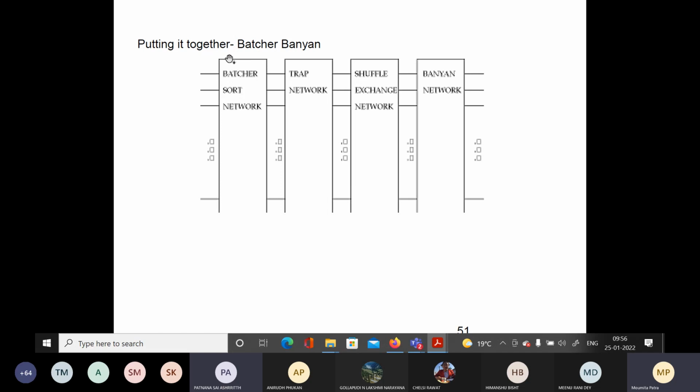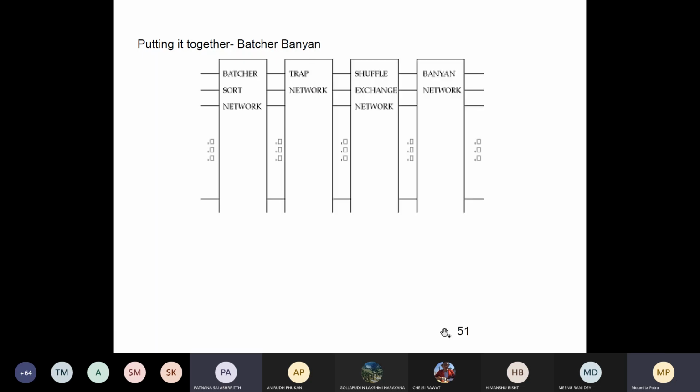So we have a sort network, we get the inputs here and we sort them, then we remove the duplicates with the trap network, then again we shuffle this, and then we send it to the Banyan network so that we can avoid the amount of blocking. All right, so this is how your Batcher Banyan looks instead of the simple Banyan fabric that you were having.